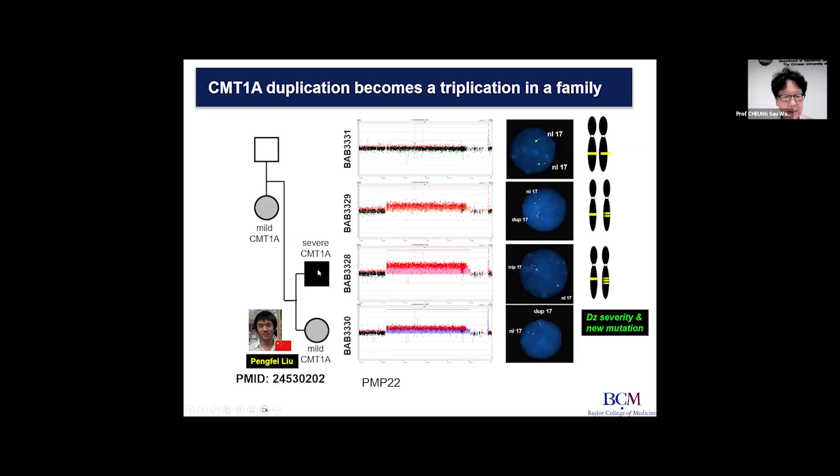And then they studied a twin, and the male twin turned out to be triplicated. You could see this is the normal chromosome, and this is the triplicate one. So here you could see 3 dots. And then the daughter is duplicated. Again, you see this normal 17, and it's duplicated.